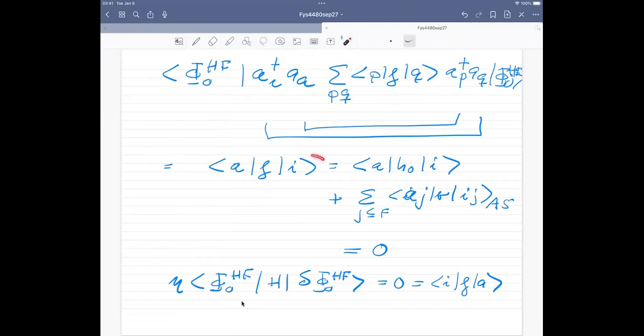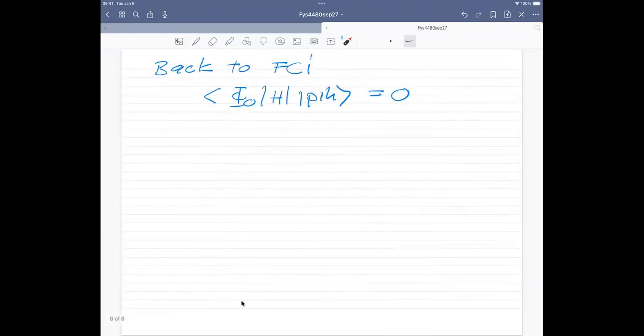So what you're doing now, you're forcing this one to be 0, and you're forcing this one to be 0. But then you have to make a choice on the diagonal elements. So let's just quickly remind ourselves of FCI. When we did FCI, we had the original Hamiltonian matrix.